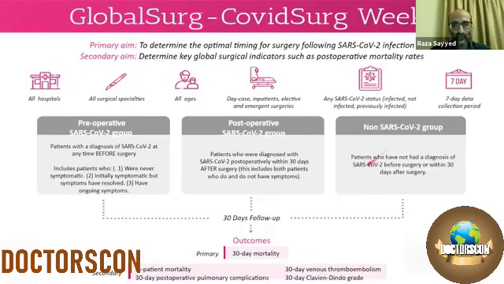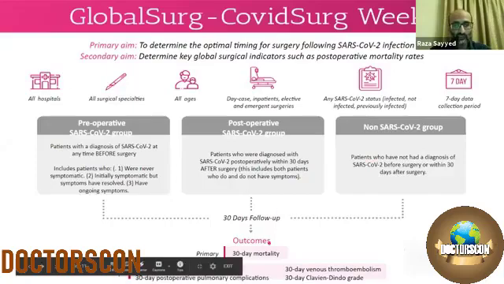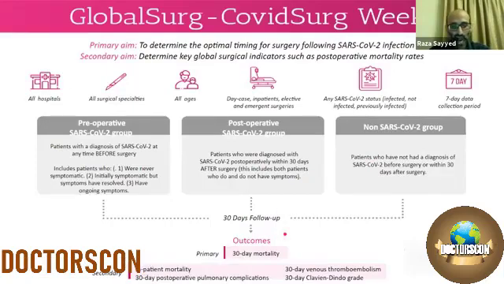And then comparing outcomes, primarily 30-day mortality, but other secondary outcomes like in-patient mortality, post-op pulmonary complication, DVT, as well as any Clavien-Dindo grade complications.